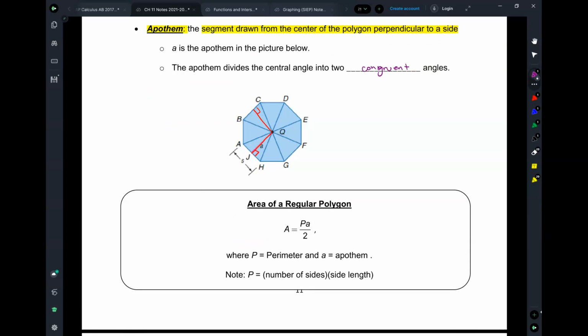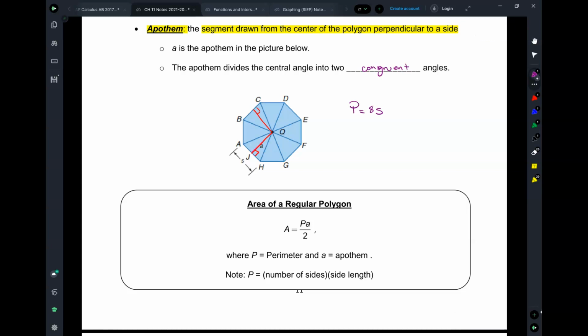Okay, how do you find area then? Okay, so take a look. What shape is this? An octagon, yes? Okay. Each side of this octagon has a length of S, yeah? So what's the perimeter of this octagon? 8 times S, 8S, okay?